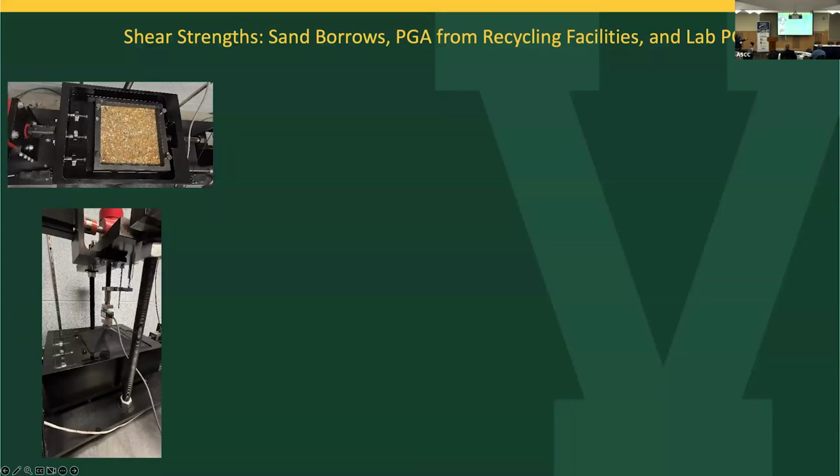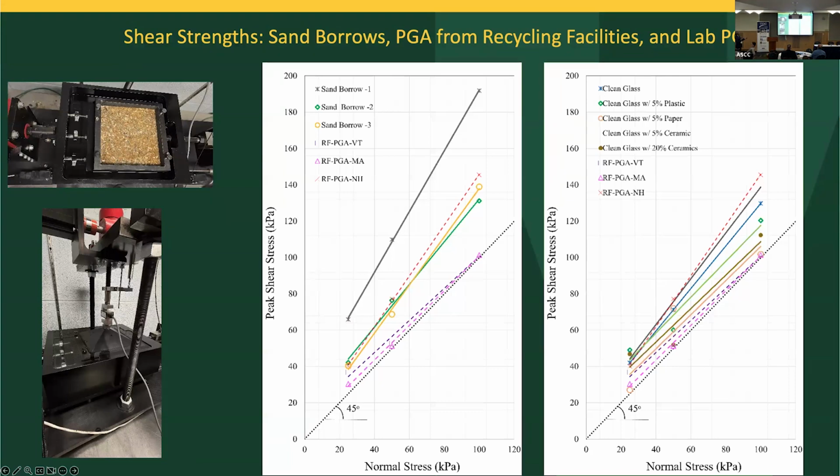We did large-scale direct shear testing and also found that the friction angles of PGA are slightly lower than the real borrow soils we tested, but still acceptable, with plenty high internal friction angles for it to be used as a material.